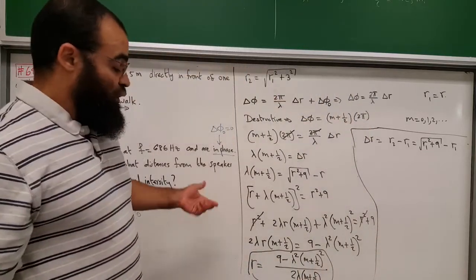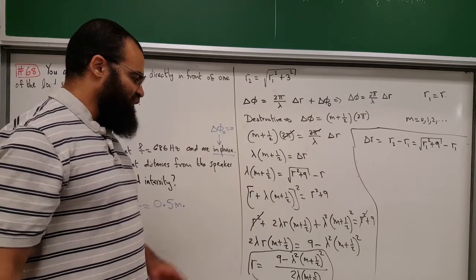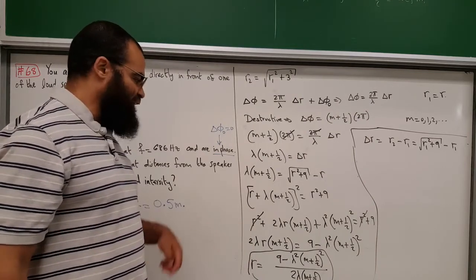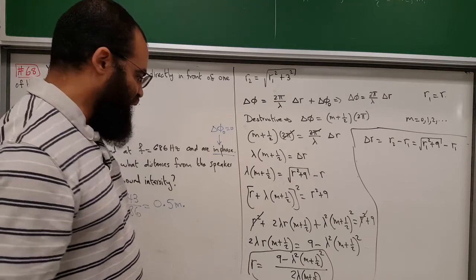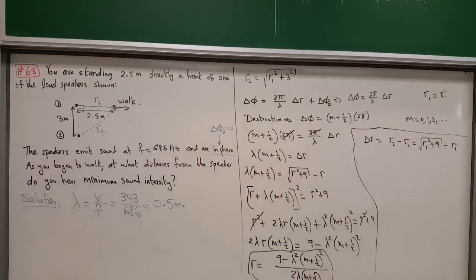So you go and plug in. If m is equal to 0, you calculate r. If m is equal to 1, you calculate r. If m is equal to 2, you calculate r. And that is it. For example, if you plug in the numbers, at m equal to 0, r is 17.88 meters.